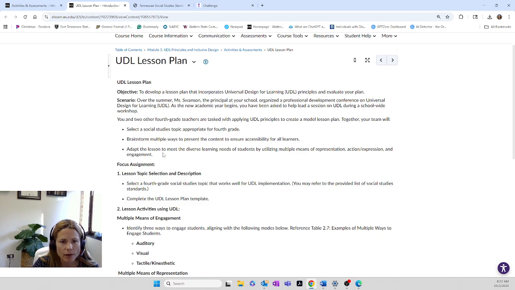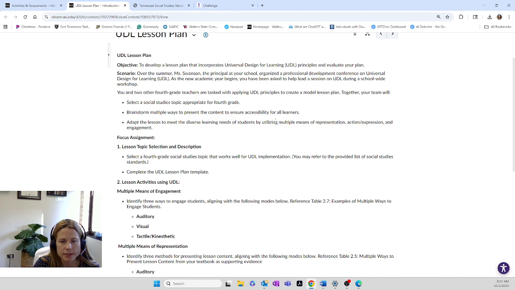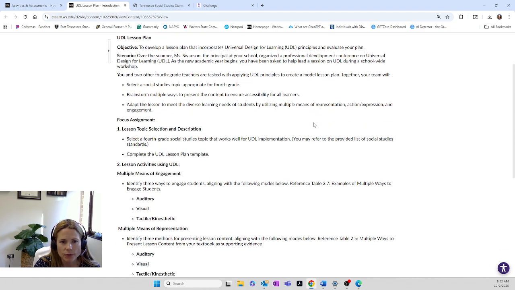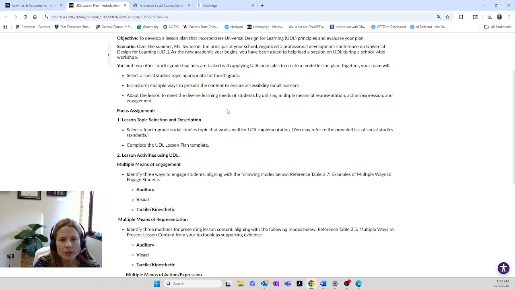Together, your team will select a social studies topic appropriate to fourth grade, brainstorm multiple ways to present the content to ensure accessibility for all learners, and then you're going to adapt the lesson to meet the diverse learning needs by utilizing the three core areas: multiple means of representation, action and expression, and engagement.